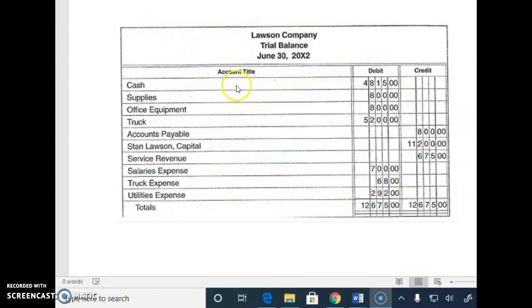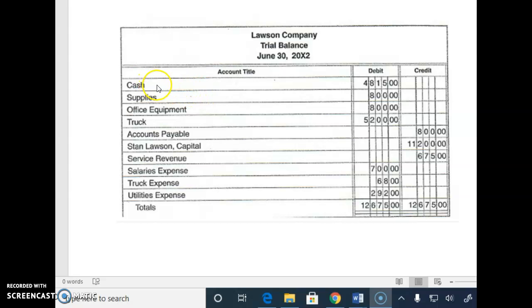Now, this is the proper order you put it in. You always start with your assets. Cash always goes first, because you put your assets, and you have 4 of them in this list. You have cash, supplies, office equipment, and truck. Now, you put assets in order of what is called liquidity. Liquidity is how quickly they are turned into cash, or how quickly they're going to be used.